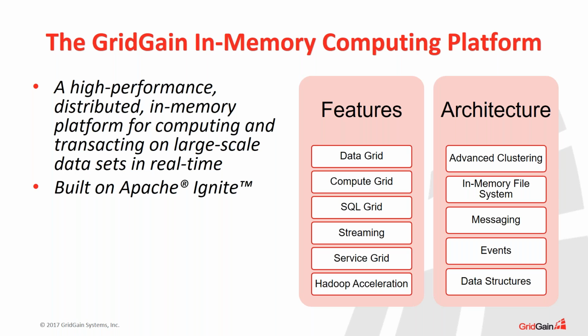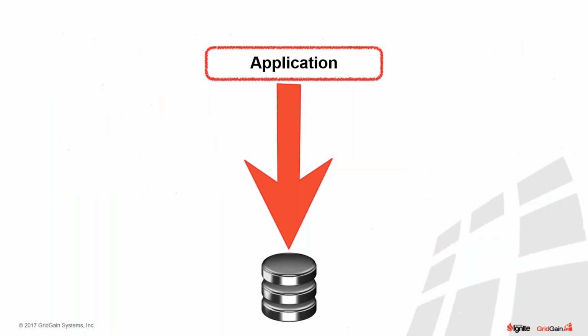And we do this with advanced and automatic clustering. We have an in-memory file system as well as an in-memory database, in-memory messaging, and event processing. And we're basically an in-memory key value store, so this is an adaptable data structure.